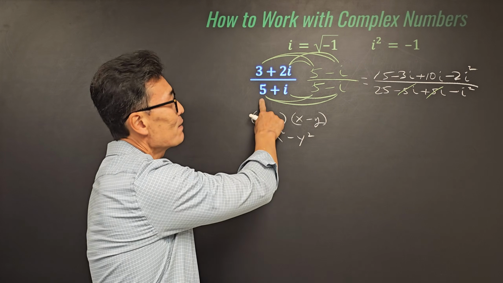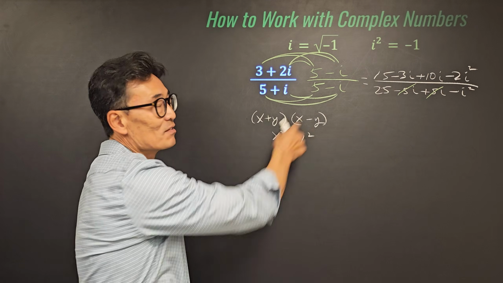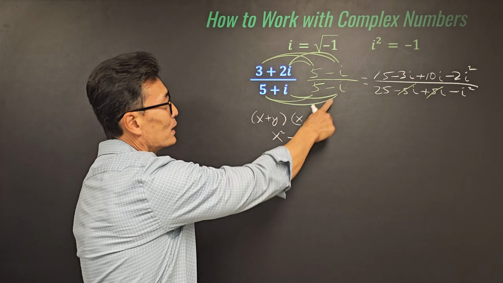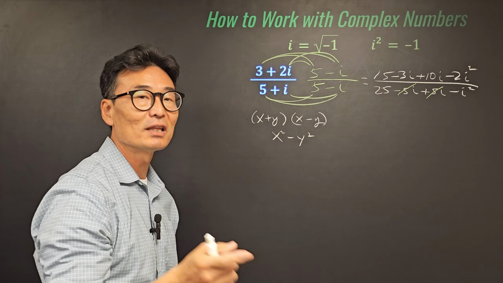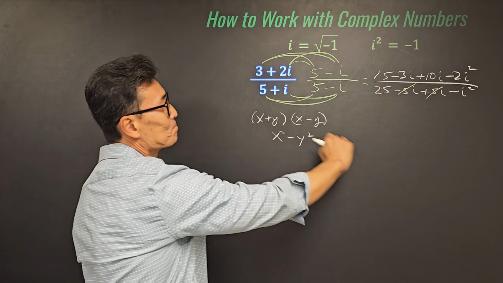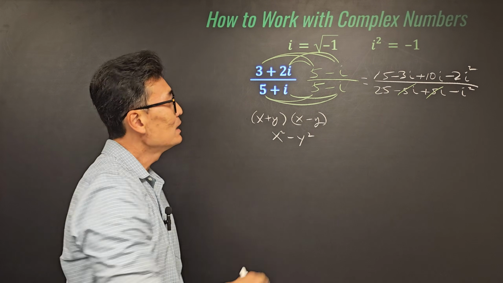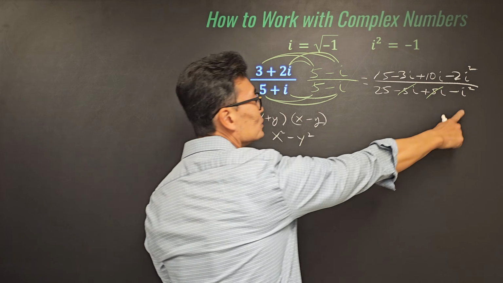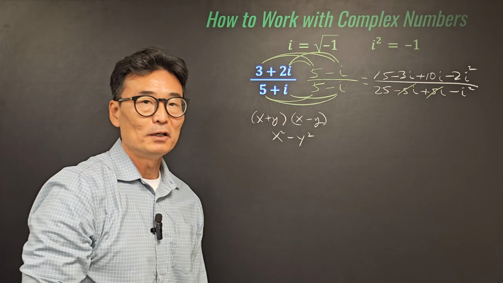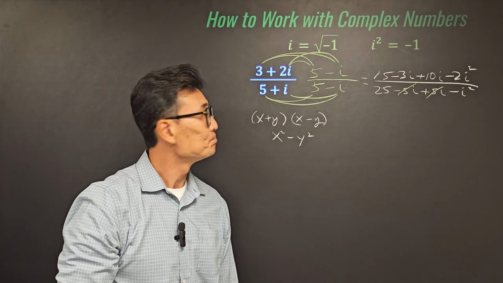Meaning if we have 5 plus i and 5 minus i, without even multiplying this out 4 times, the only thing you really have to do is 5 times 5, which is 25, and then the i times negative i, which is negative i squared. That would be the shortcut.